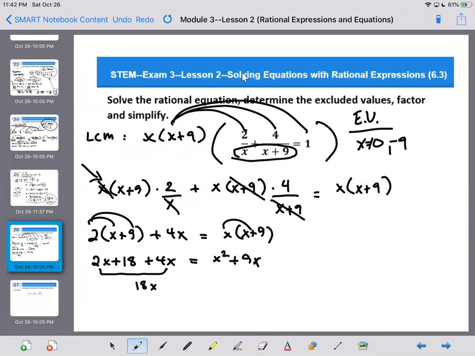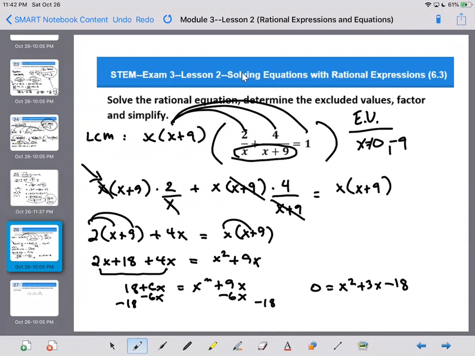So I've got 18 plus 6x is equal to x squared plus 9x. So I just want to subtract the 6x and subtract the 18. So that's going to leave me with 0 is equal to x squared plus 3x minus 18.